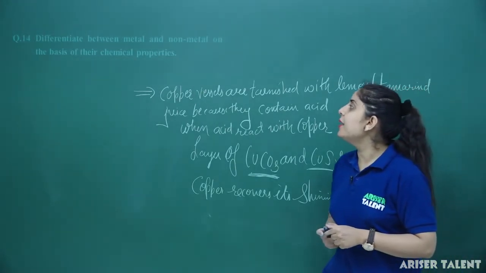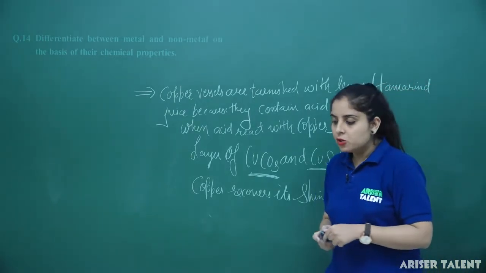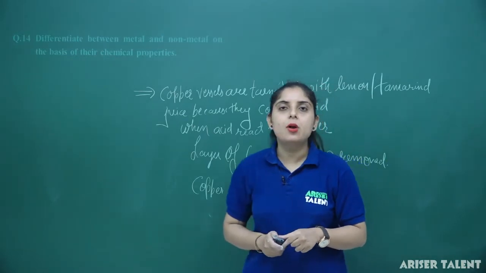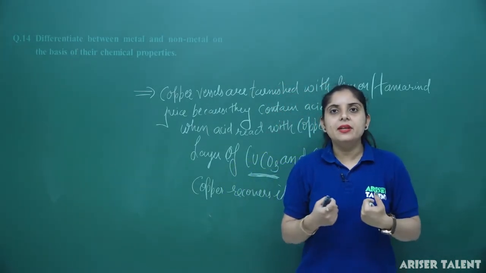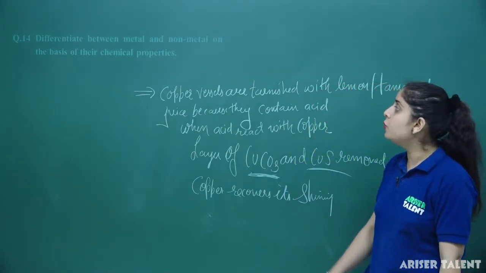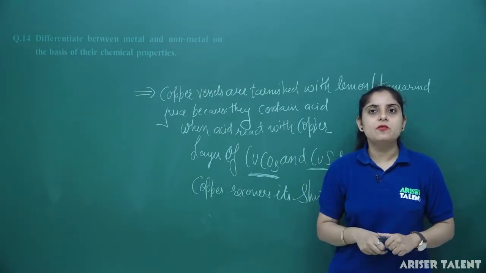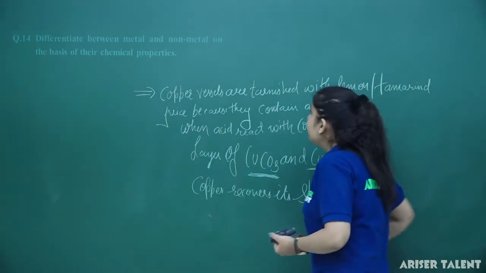Differentiate between metal and non-metal on the basis of their chemical properties only. On the basis of their physical properties, we have seen malleability, ductility, conductivity, luster and hardness. These are the physical properties, but you have to distinguish them on the basis of their chemical properties now. So let's make a difference table here.